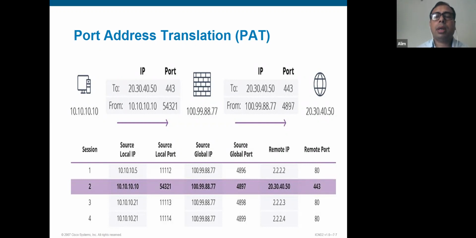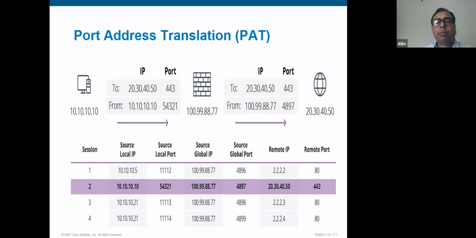So it is used widely, and a small organization may have just one IP address. Say in our home router, for example, we have one IP address and we have several users or several devices in our home.